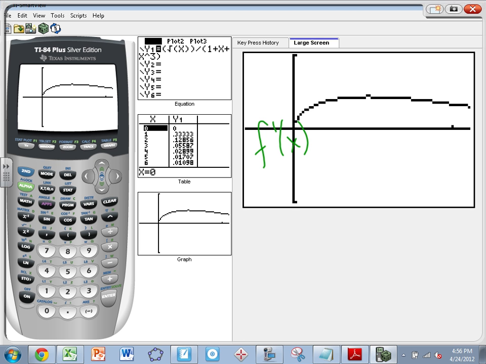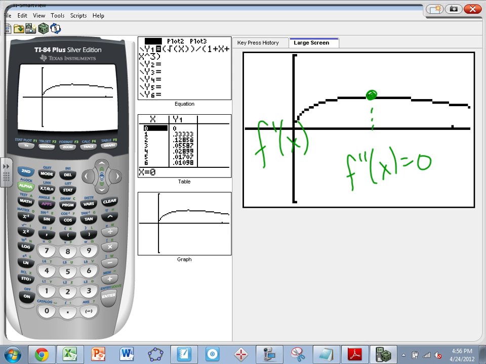So if I want to know when the derivative has a max or a min, it would be the second derivative equaling 0. So the location, which we don't know yet, but let's say here for now, this point right here will indicate that the second derivative equals 0, because a maximum of the first derivative is really setting the second derivative equal to 0.